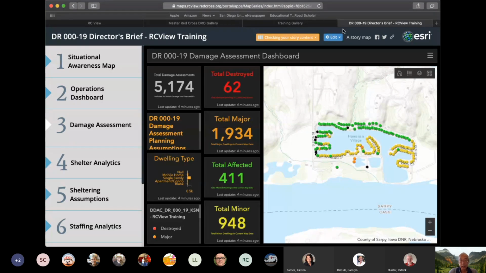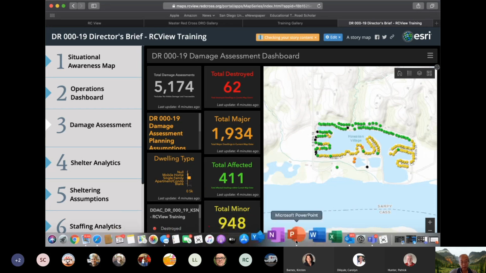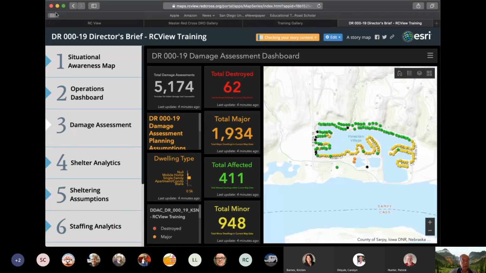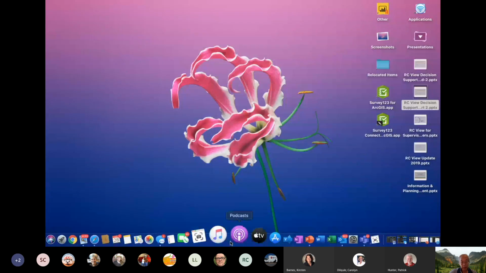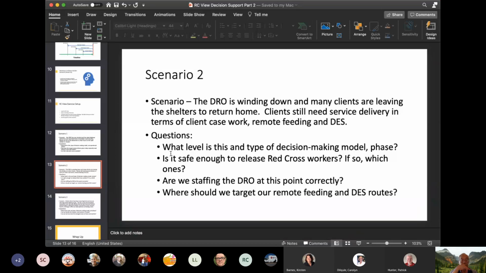Let's move on. Any questions with this use of the operations dashboard and of the damage assessment? Okay. Again, let's review the scenario. So in this scenario, again, the DRO is winding down.